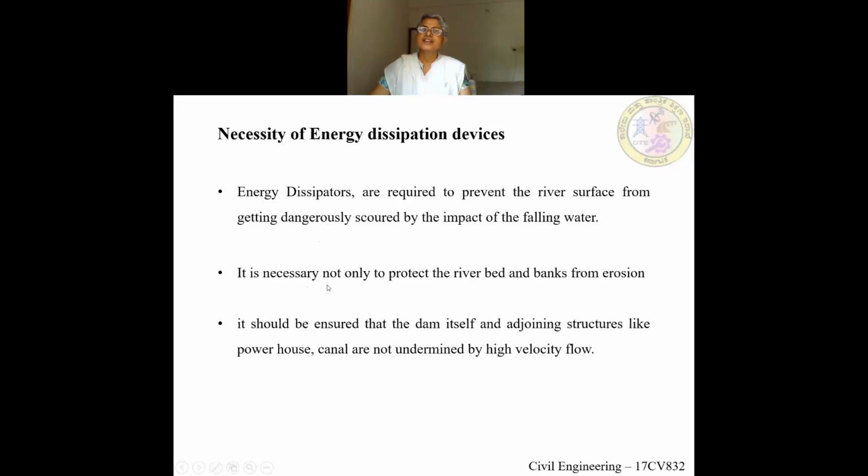It is necessary not only to protect the riverbed and banks from erosion, it should be ensured that the dam itself and the adjoining structures like the powerhouse and canal are not undermined by the high velocity of flow. You have to see that they are also saved from this scouring of the bed.